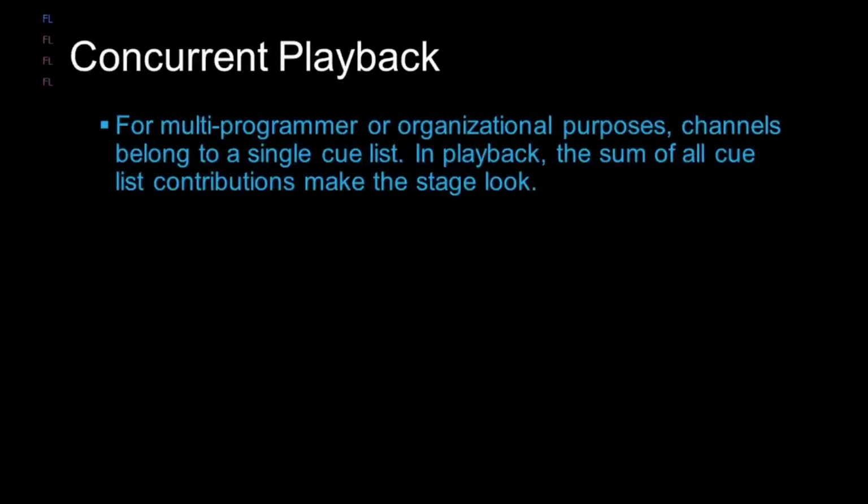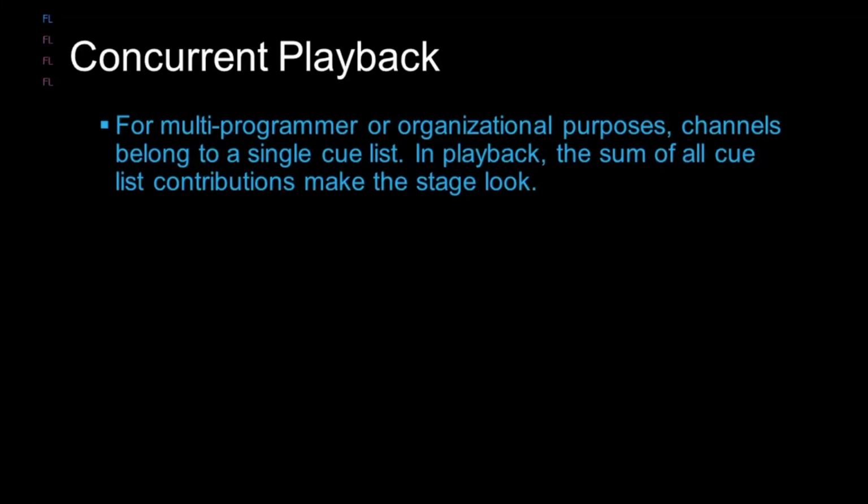When we talk about concurrent playback, either for a multi-programmer environment or for organizational purposes, just if you were running something like a multi-venue walkthrough experience or a museum, the important thing here is that channels belong to a single queue list generally. There's nothing that says they can't belong to multiple queue lists like we just saw, but then you're starting to worry about handovers and all this logic, and that's not generally what we're doing in concurrent playback as a rule of thumb.